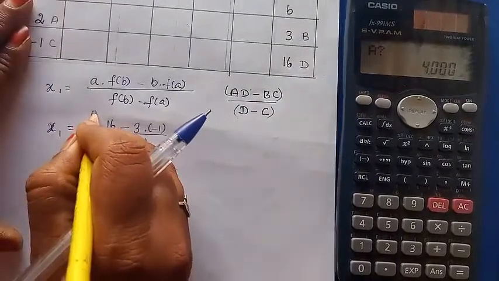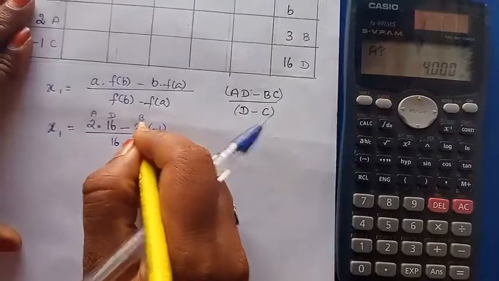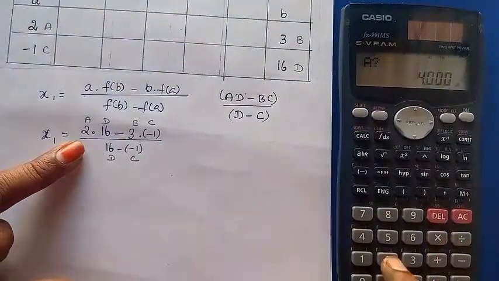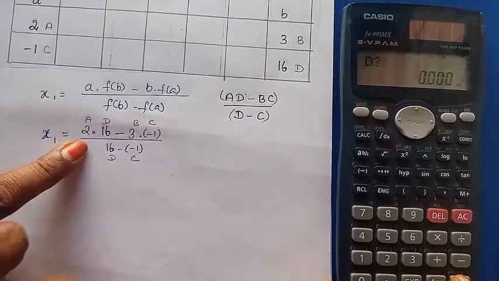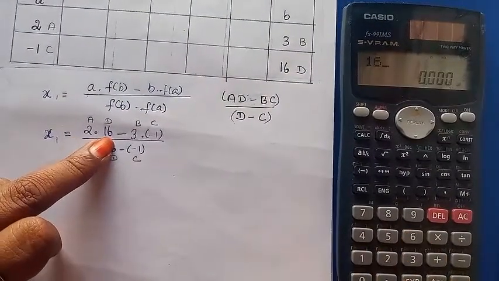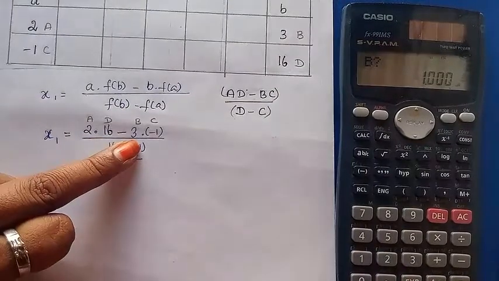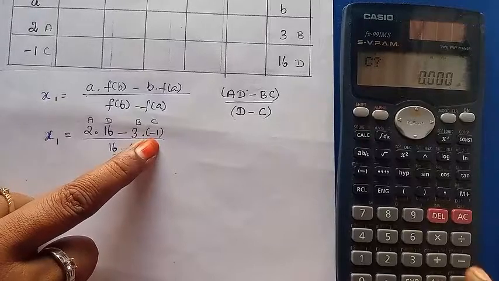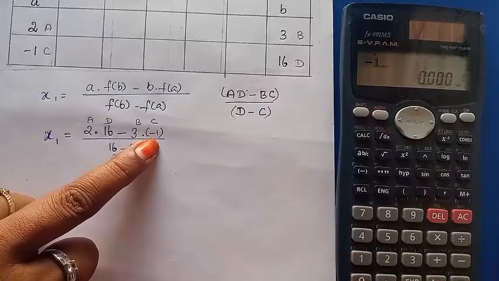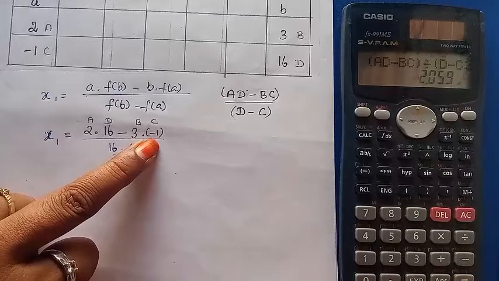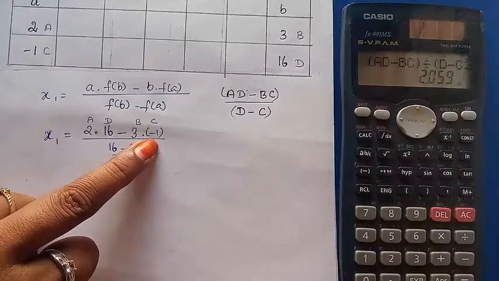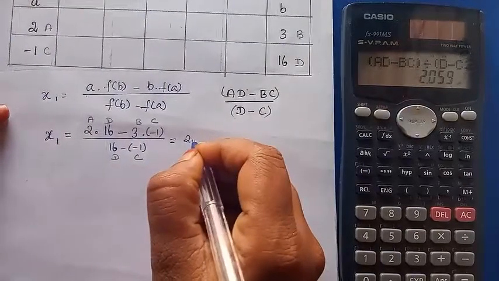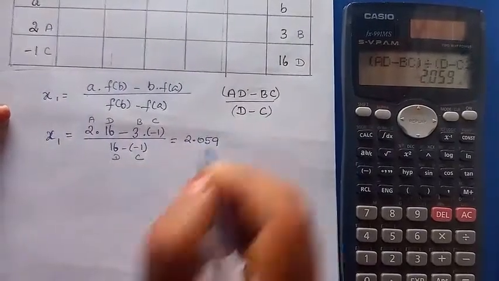We know that this is A, D, B, C, D and C. A value is 2, D value is 16, B value is 3, C value is minus 1. Again when you press equal to, it gives you the final answer 2.059. So the value of x1 is 2.059.